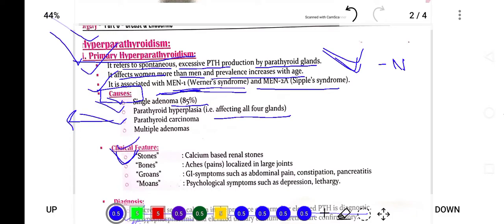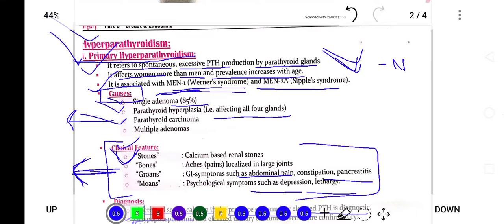She also has constipation, abdominal pain, and epigastric pain with depression and lethargy. So what can be suspected? We can suspect hyperparathyroidism from these clinical features. So that was hyperparathyroidism. In the next lecture we will study different types of hyperparathyroidism, like secondary hyperparathyroidism and tertiary hyperparathyroidism.